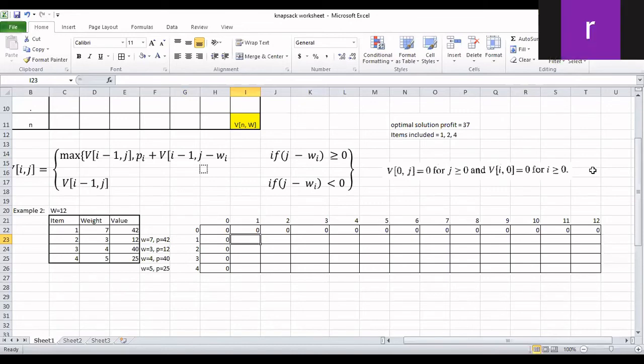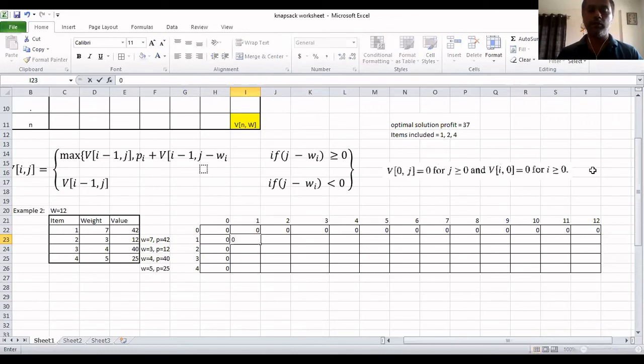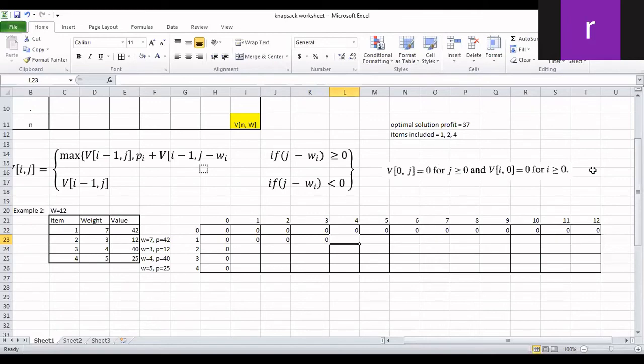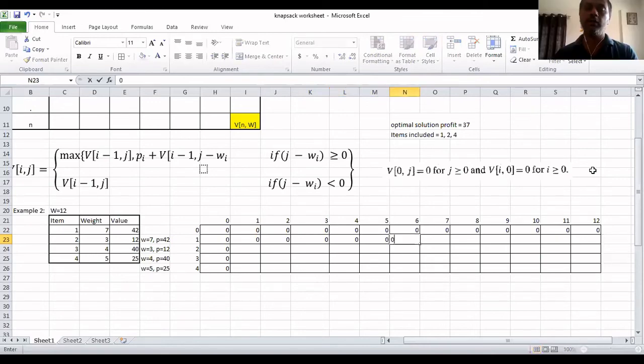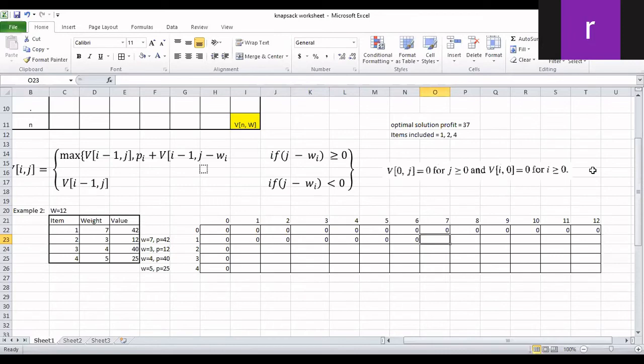We can't. So the profit will be its previous value, 0. If the capacity is 2, can we accommodate? No. Three? No. Capacity 4? Likewise, you can see that up to 6. So how about the 7th one? We can accommodate the item.